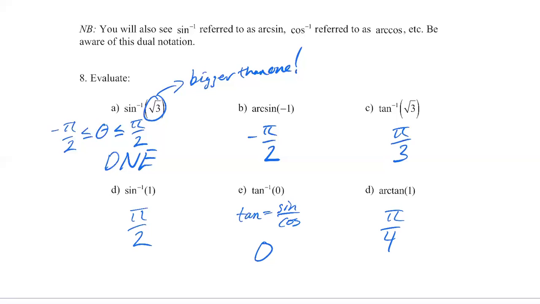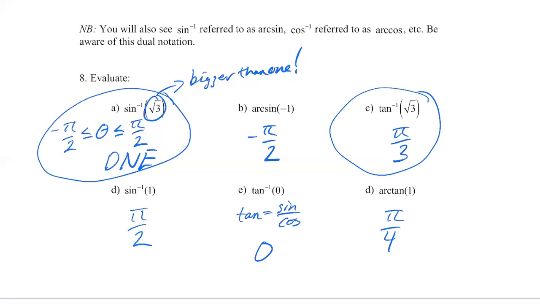I want to draw your attention back to C before we close. We started out by saying we couldn't evaluate the inverse sine of √3 because √3 was bigger than 1. However, the inverse tangent of √3 corresponds to pi/3. There's no problem there. Remember, the inverse tangent can be evaluated for any argument.